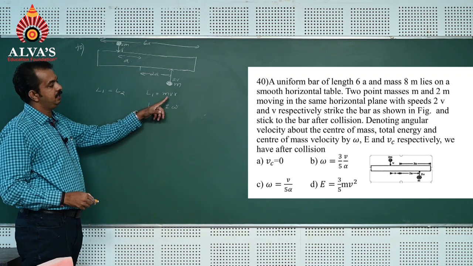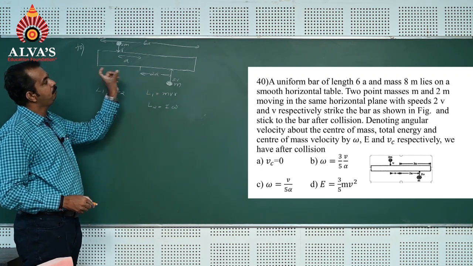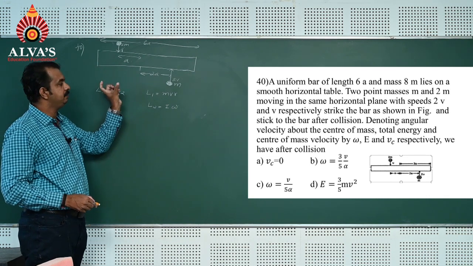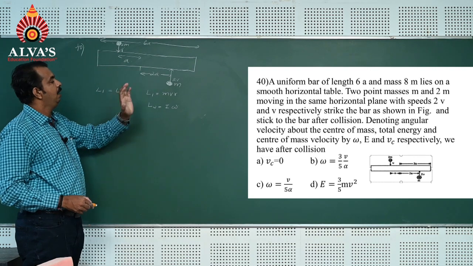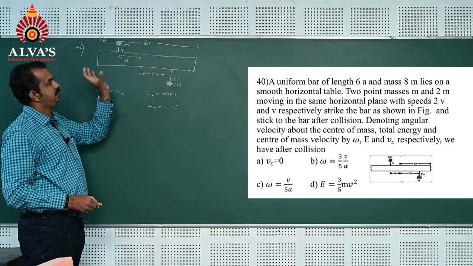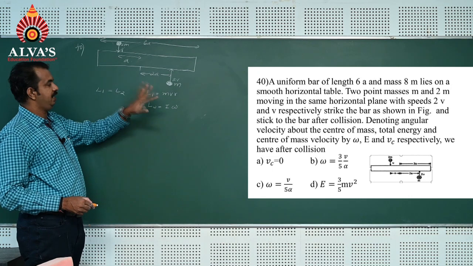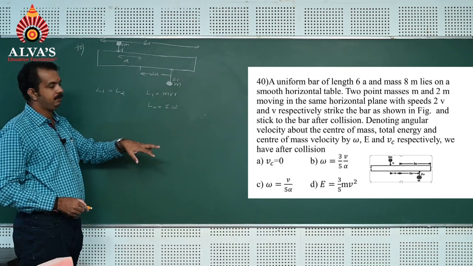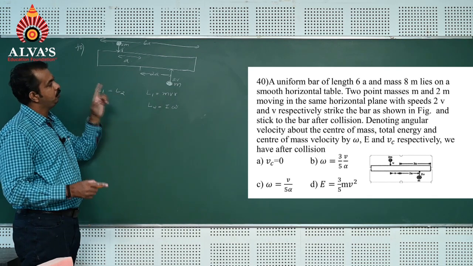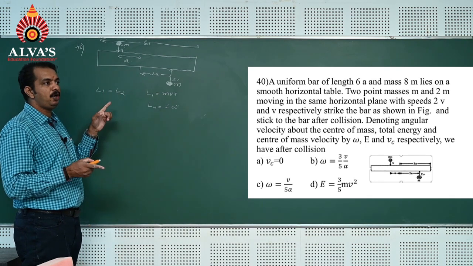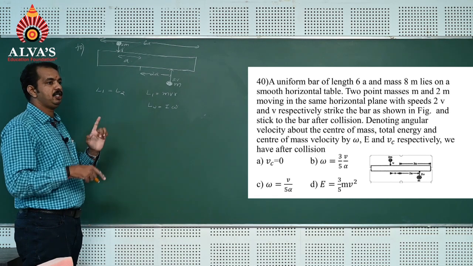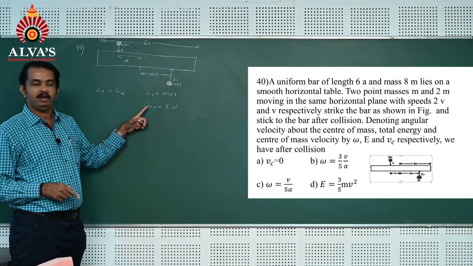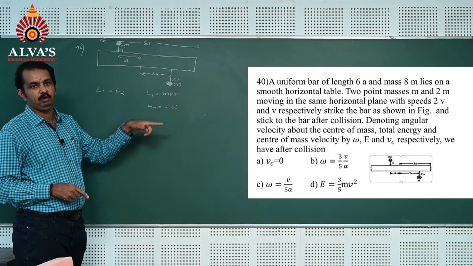Before striking, the particles were moving in a straight line, so they have linear momentum. Because this momentum is about the center, they have angular momentum also. After striking, the 2 point masses and the bar move in rotational motion, so I write the final angular momentum L2 in terms of I omega.